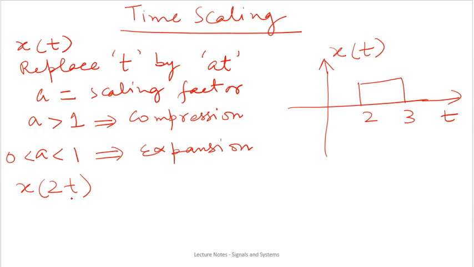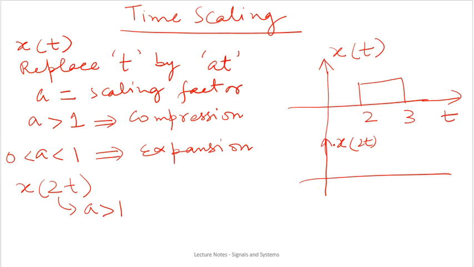Now you just compare it with the original form and you see the value of a is greater than 1. So when the value of a is greater than 1, that will mean the signal will be compressed.